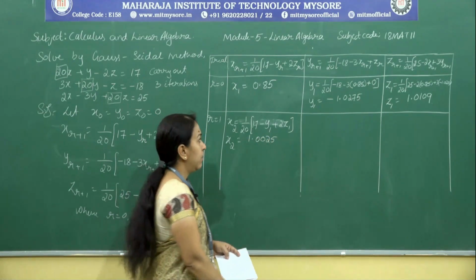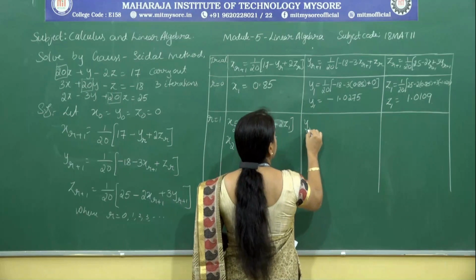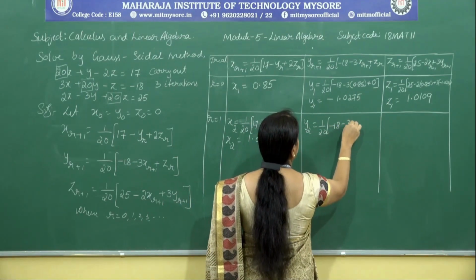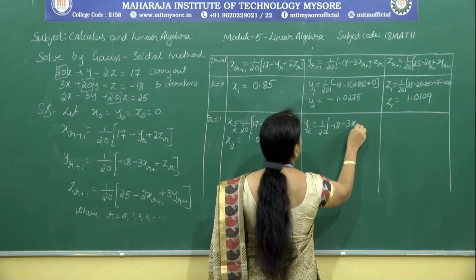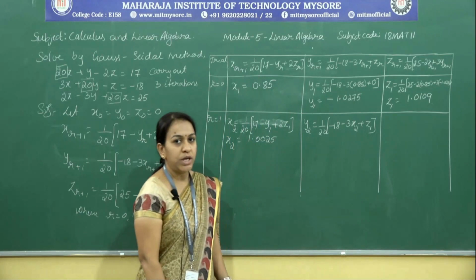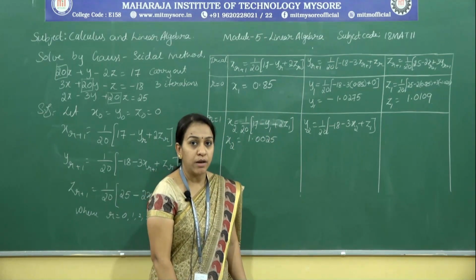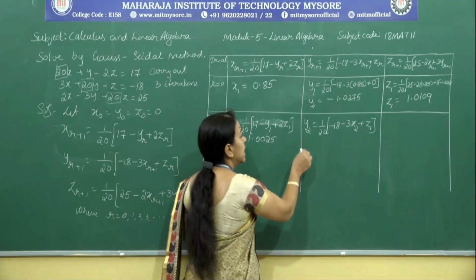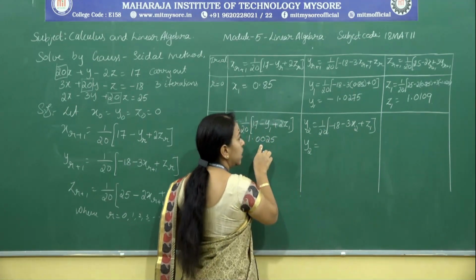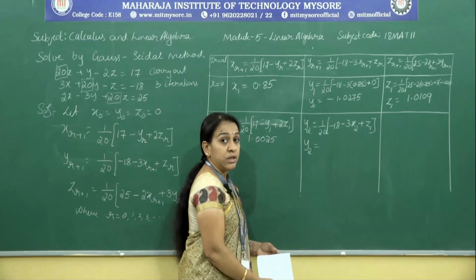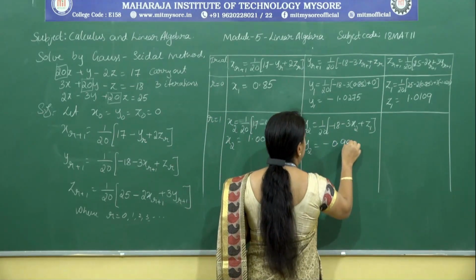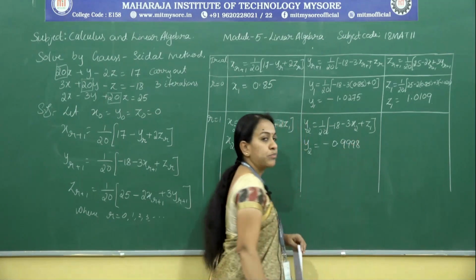Similarly, y2 is 1 by 20 into minus 18 minus 3 times x2 plus z1. Substitute r equal to 1, and if I substitute the corresponding values, that is x2 here and the z1 value, then your y2 will be minus 0.9998.